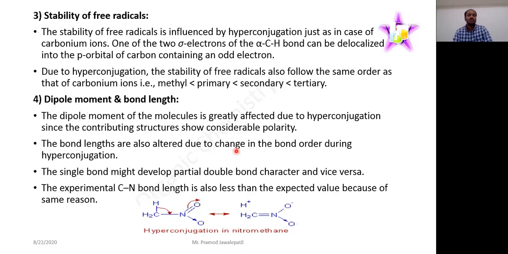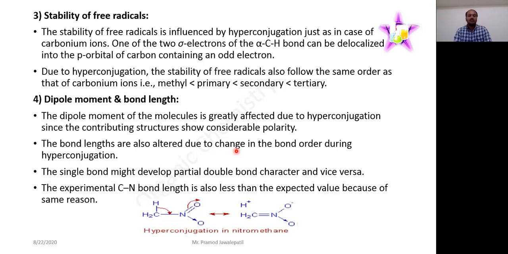Due to hyperconjugation, the stability of free radical also follows the same order as that of carbonium ions. As I already told, methyl, then primary, then secondary, then tertiary radicals are more stable. As the electron donating groups increase, the stability of the radical also goes on increasing.